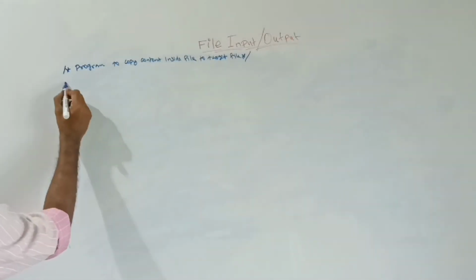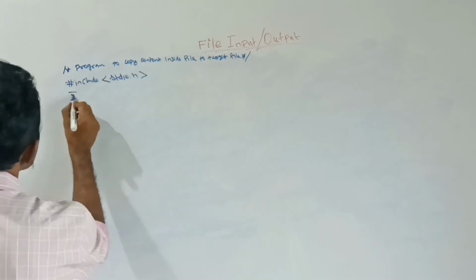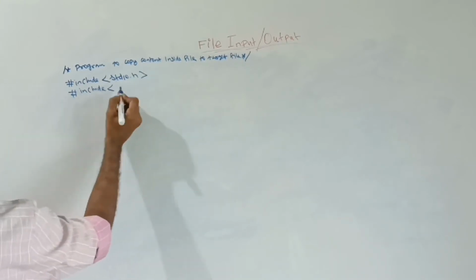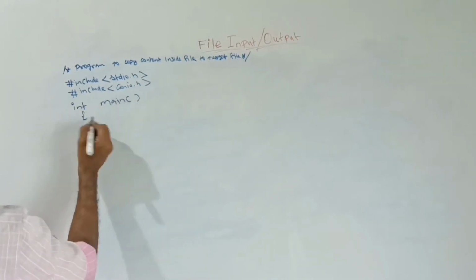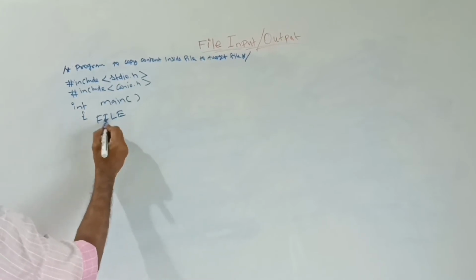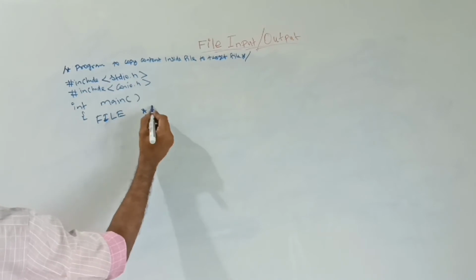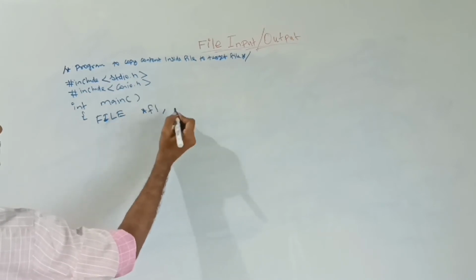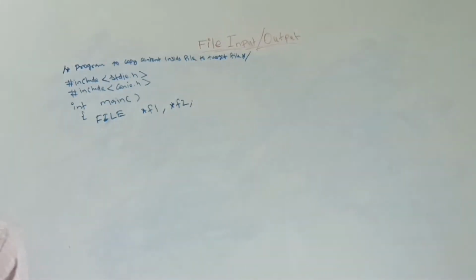See here, you should give FILE in capital letters, that structure. Next I am creating the pointer variable. Let us assume this one is f1. Next, another file pointer f2.